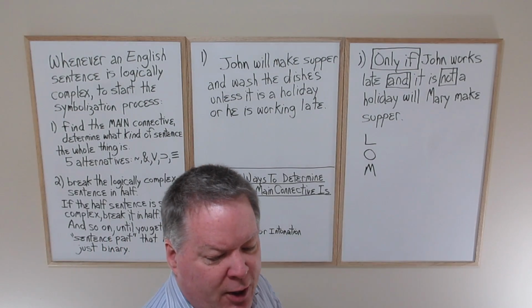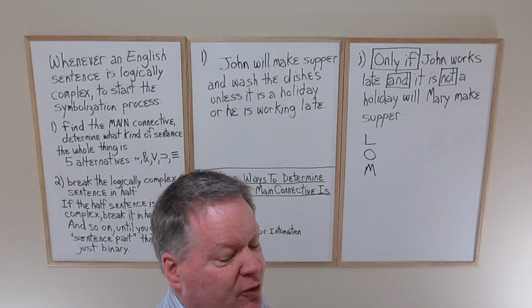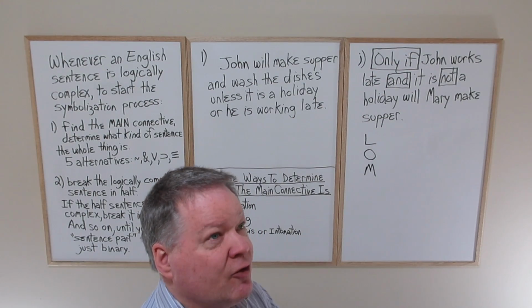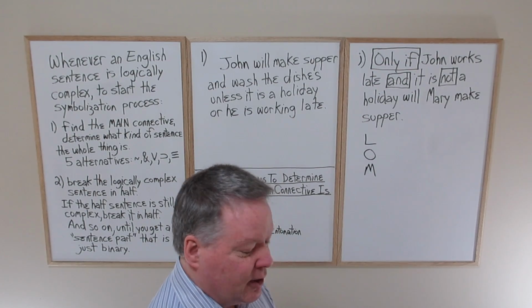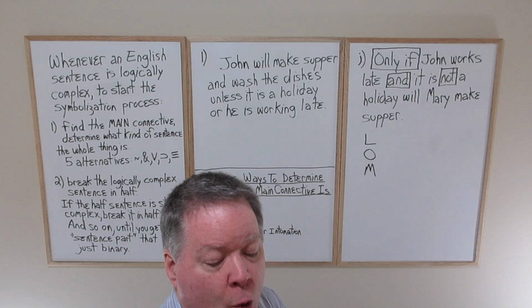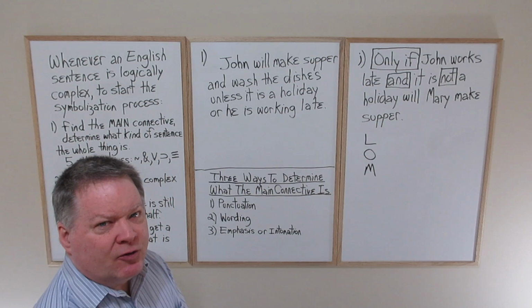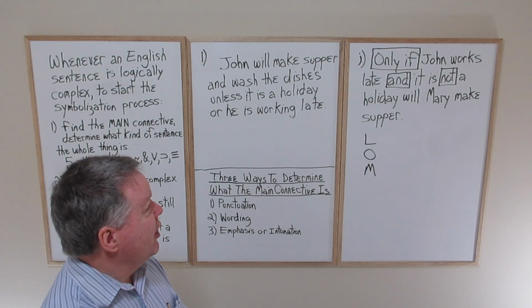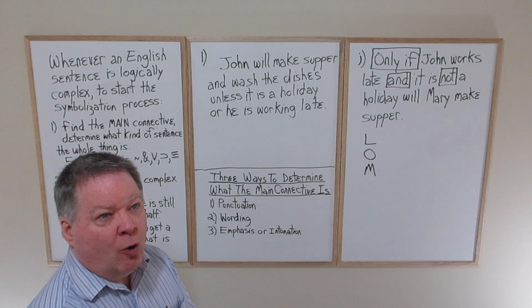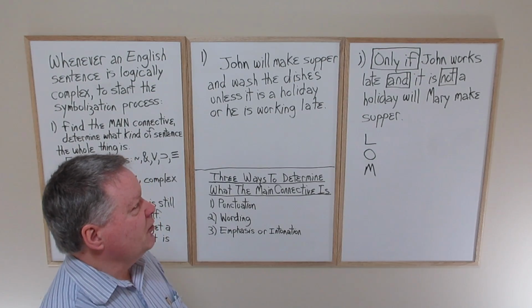Having reviewed the primary purpose for brackets in logic, namely to specify meaning or remove ambiguity, we can now consider some concrete examples of symbolization where brackets are used in this way.